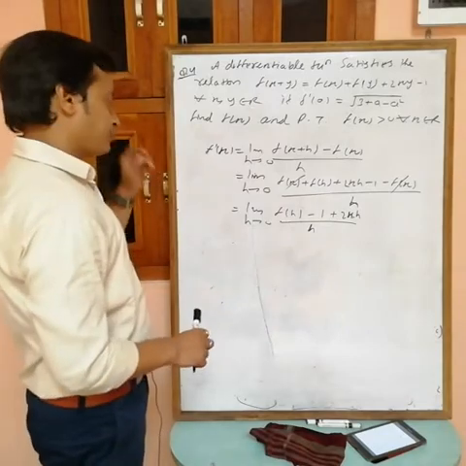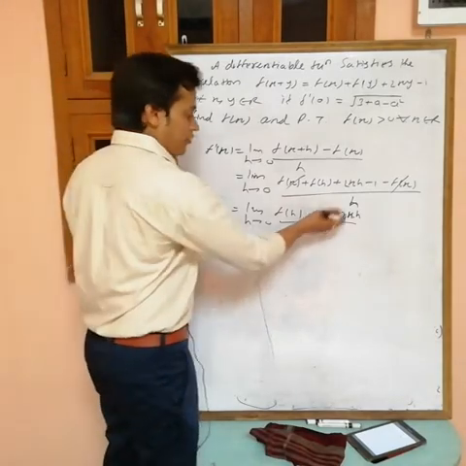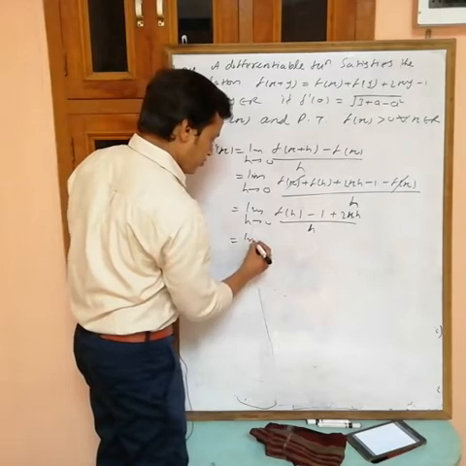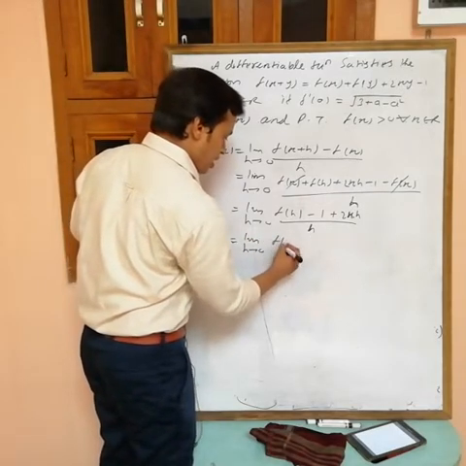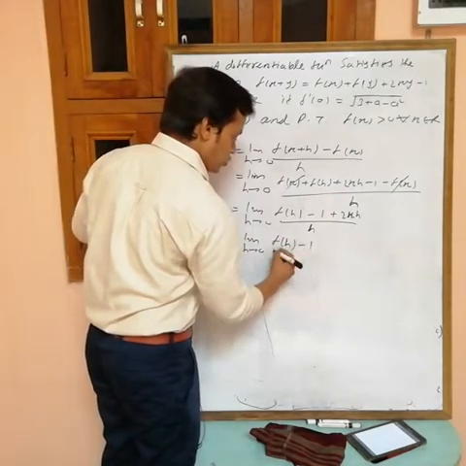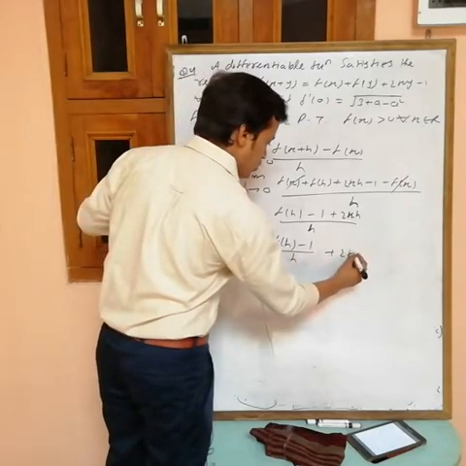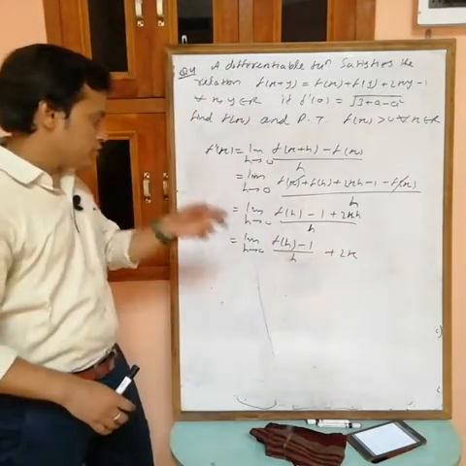Okay, so in this one, if you divide with h, then what we are getting is limit h tending to 0, f(h) minus 1 by h, plus 2x. Can I write this one as f dash 0?